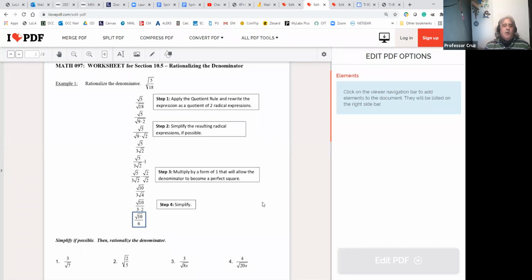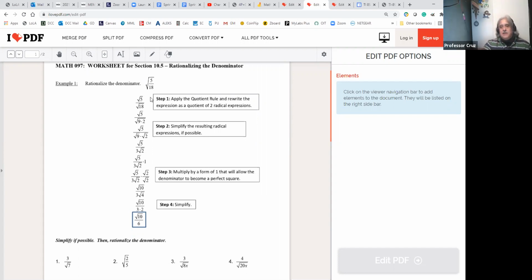The process by which we do away with a radical in the denominator is to use that principle of squaring a radical. In other words, if we multiply a radical by itself, the same term by itself, then poof, there's no more radical. So watch what I'm talking about.